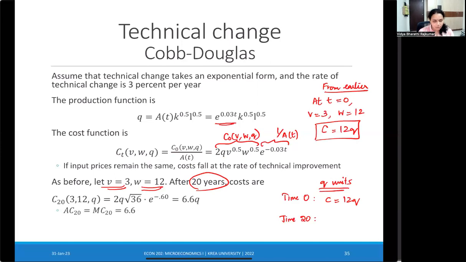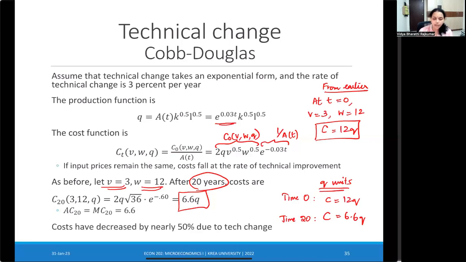Assuming we have the same input prices and the same output that we're trying to produce, the cost of producing Q units is going to be just 6.6 times Q. I'm just plugging in v equals 3 and w equals 12 into this equation, and t equals 20. So my costs have gone down. They've decreased by nearly 50% because of technical progress.